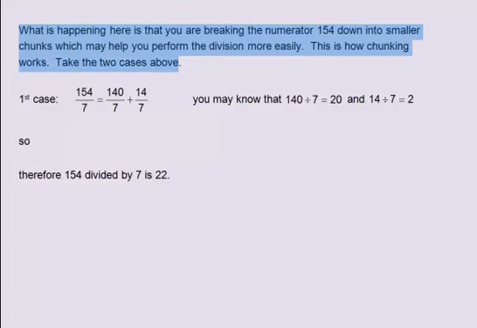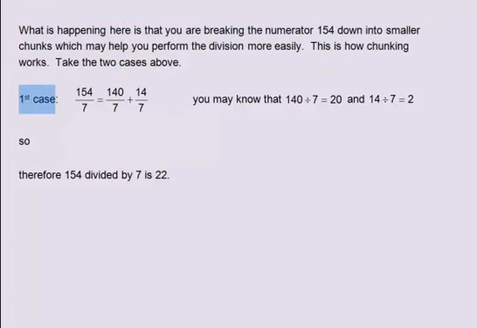Take the two cases above. First case, 154 divided by 7 equals 140 divided by 7 plus 14 divided by 7. You may know that 140 divided by 7 equals 20 and 14 divided by 7 equals 2.